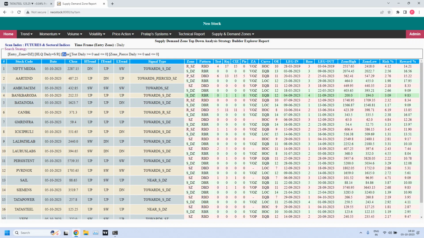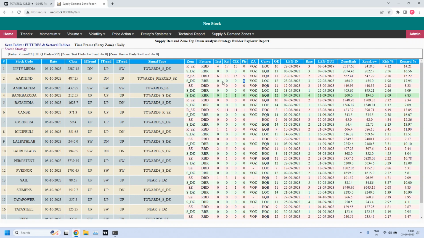And your zone test count in daily time frame should be between 0 and 0. That means test count should be 0, and your zone pierced count in daily time frame should be between 0 and 0. That means the pierced count also should be 0. That's why your test count is 0, pierced count 0. Next stock also test count 0, pierced count 0.